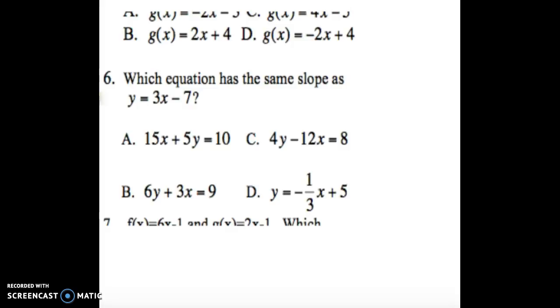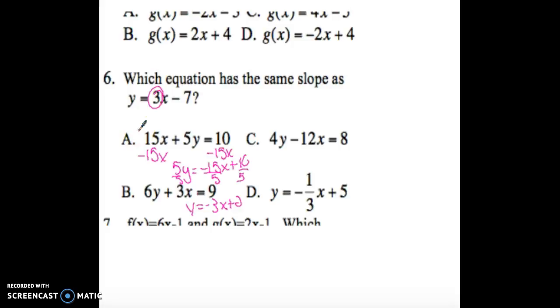Number 6, which equation has the same slope? We had to put them into slope-intercept form in order to do that. If you did it to A, you would subtract 15x, and you would get 5y equals negative 15x plus 10. Divide by 5, which is y equals negative 3x plus 2. But if you look up here, the slope is positive 3.